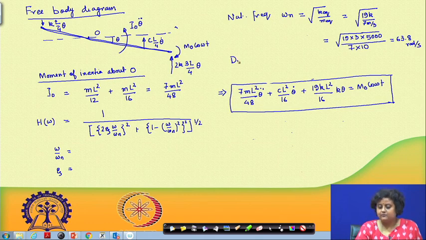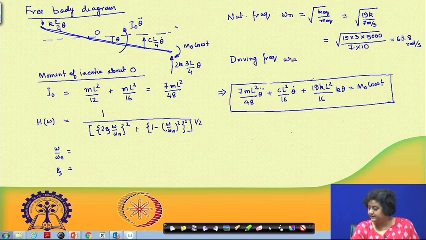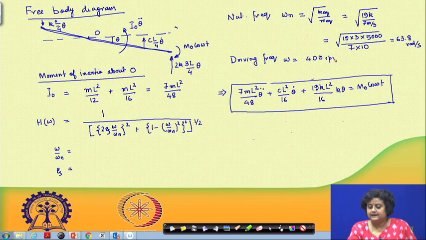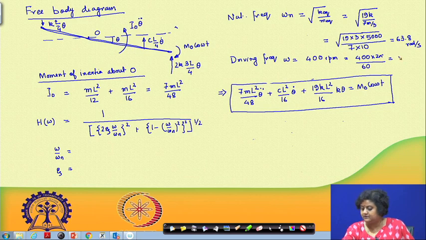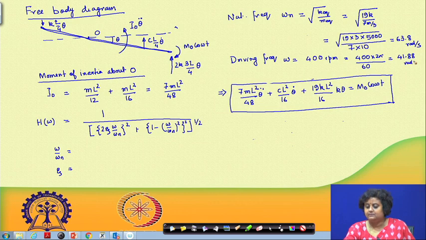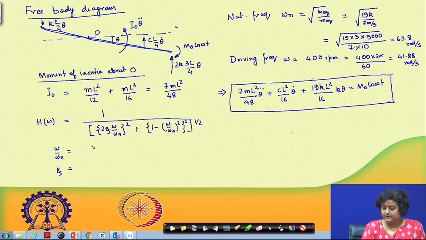And the driving frequency or the excitation frequency omega is already given as 400 rpm. So, I have to convert that to radian per second, which is 400 into 2 pi by 60, which ends up being 41.88 radian per second.